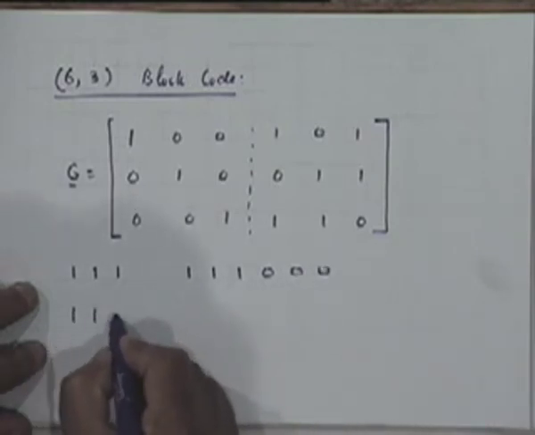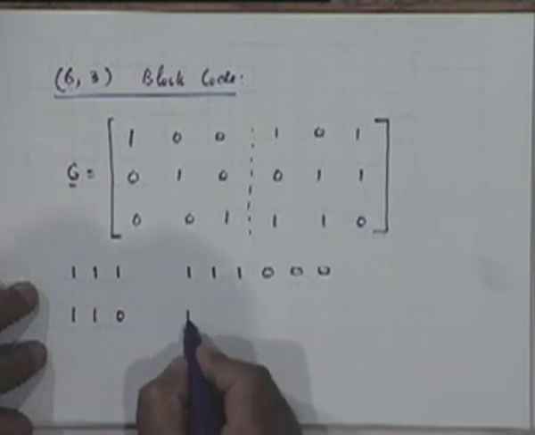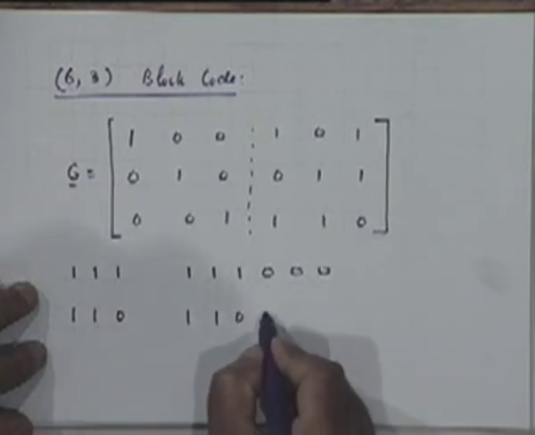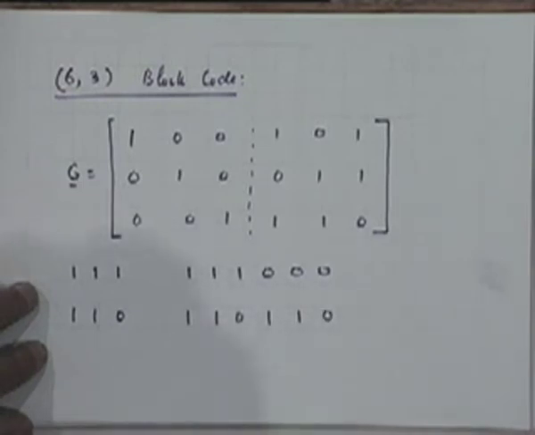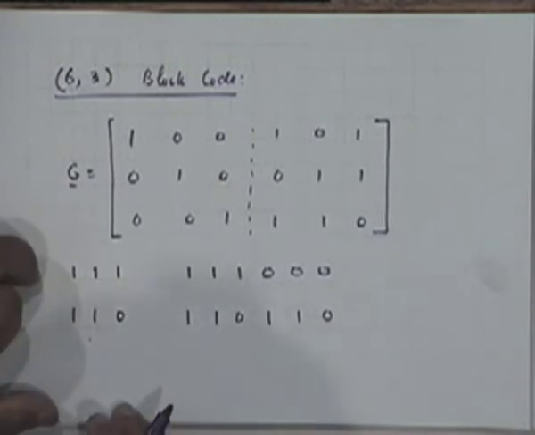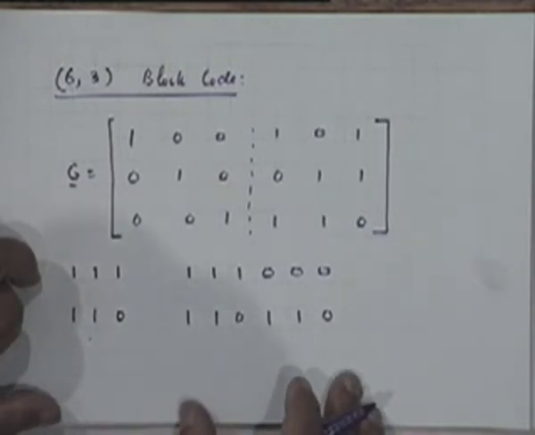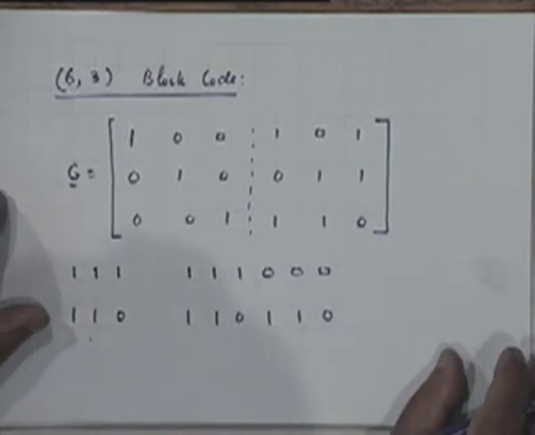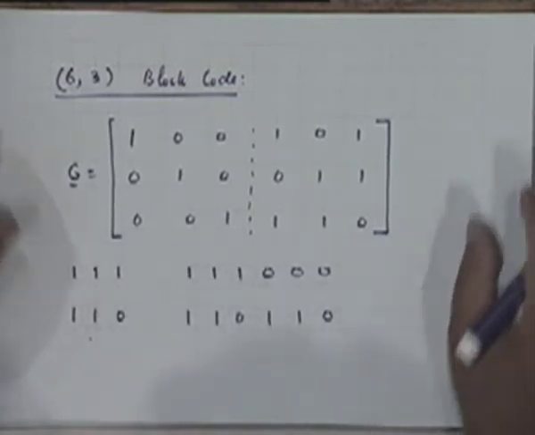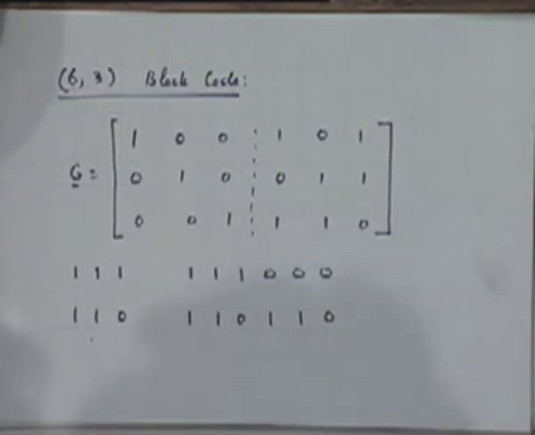Similarly, if it is 1 1 0, this will be 1 1 0, and this will also be 1 1 0, and so on. You can construct a table of 8 code words. I think I'll just stop here, and next time we'll discuss: suppose I have a systematic linear block code which has this structure, how do we do the decoding at the other end?